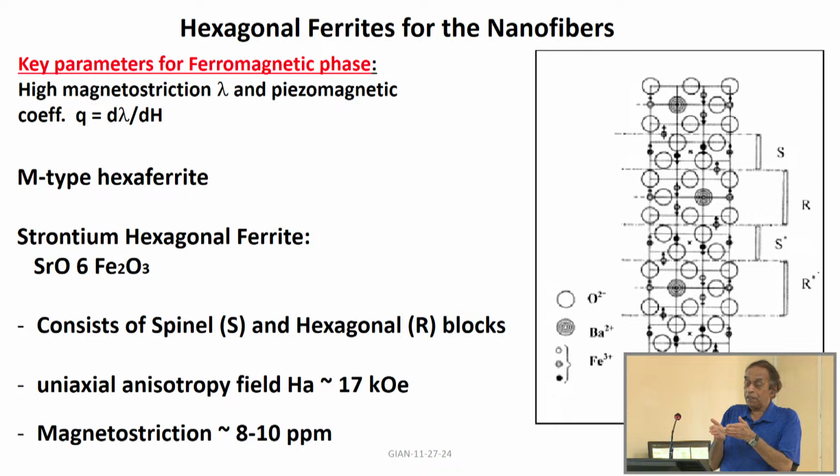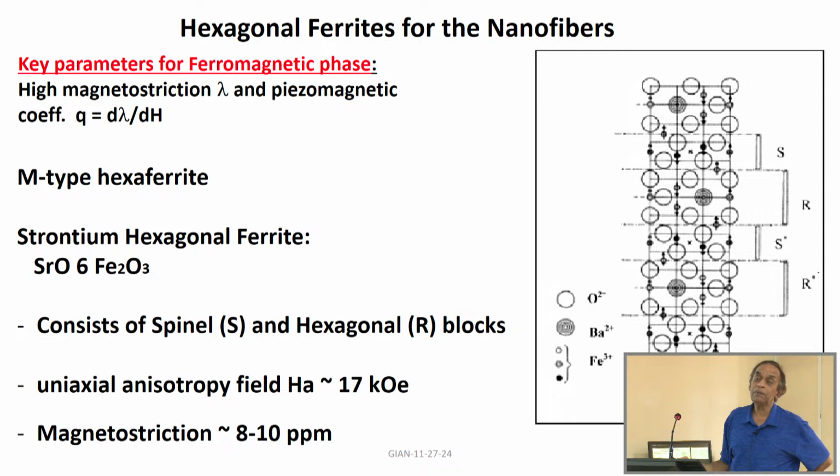It is as if there is a magnetic field present in the system, and that is rather high for the M type ferrites. It can be as high as 17 kilo-Oersted in a particular direction, which we call the C axis. So, M type has uniaxial anisotropy field along the C axis, and at the same time they have very small magnetostriction.